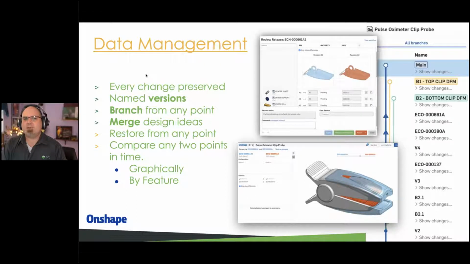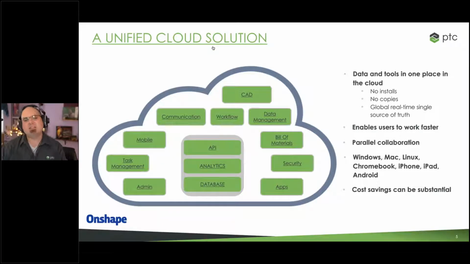So Onshape, inspired by that, built our data management system to mimic that way of working. The ability to have version control at all points in time, compare and contrast, and merge design ideas forward at any point in time. These are things you'll see in today's demonstration that improve your productivity and reduce the amount of files being created all the time.